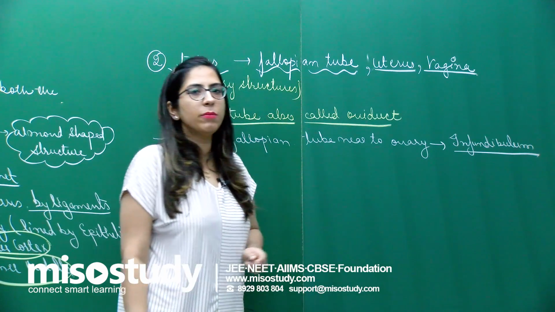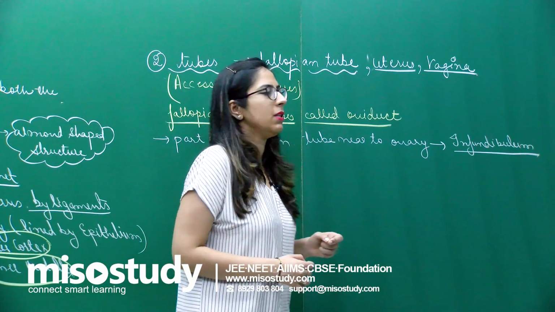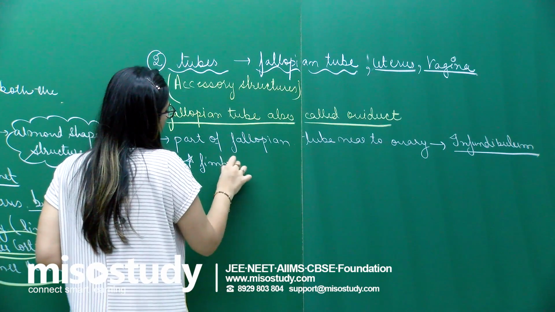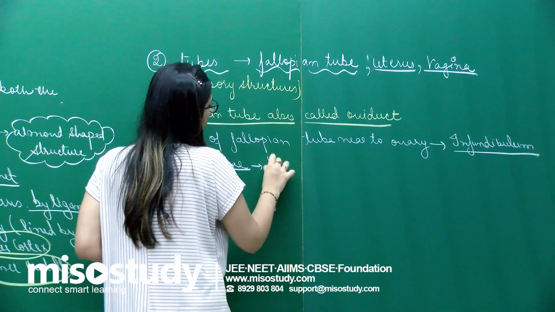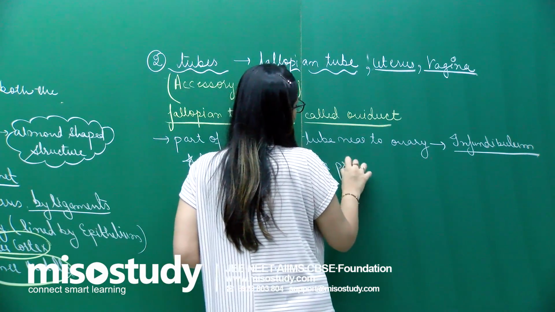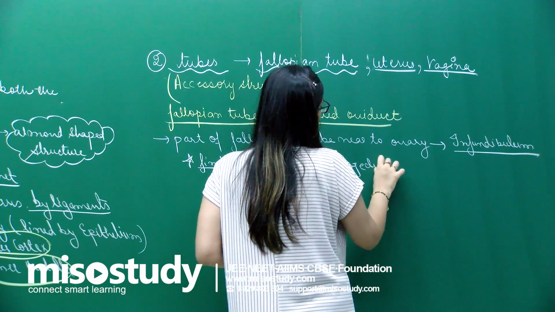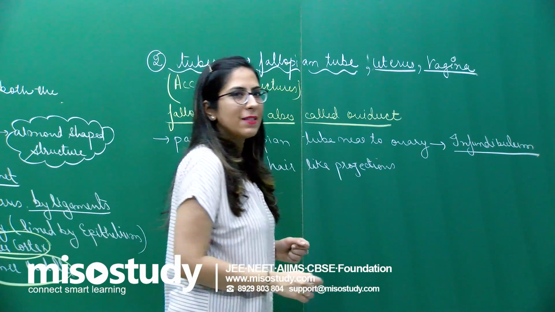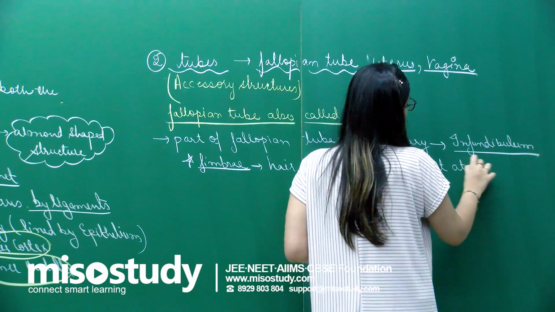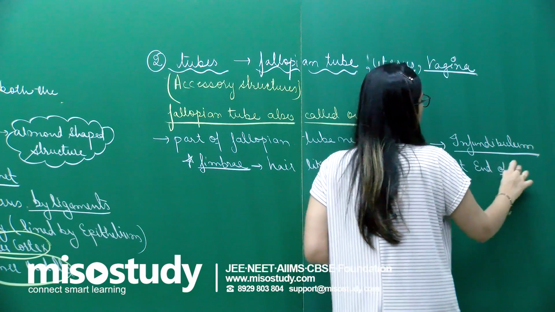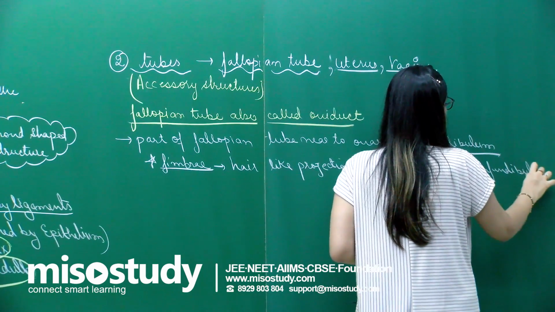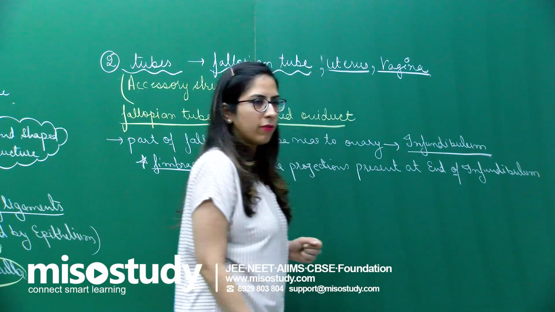In this infundibulum region, there is a hair-like structure called fimbriae. Fimbriae are hair-like projections present at the end of the infundibulum.